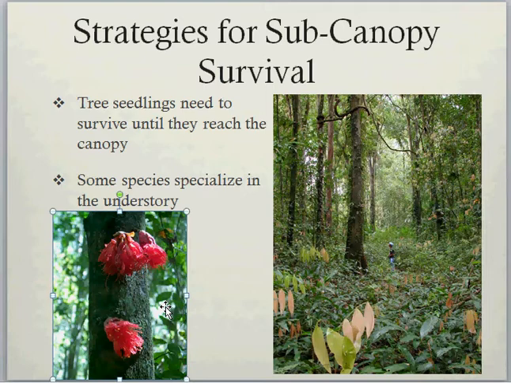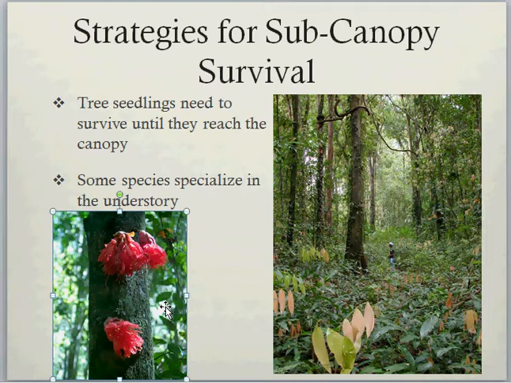So it always remains small in the sub-canopy, but it is able to reproduce even in the very low light environments underneath the canopy. And there are a number of these understory trees. Certainly not the same number as the canopy trees, but certainly a fair few.